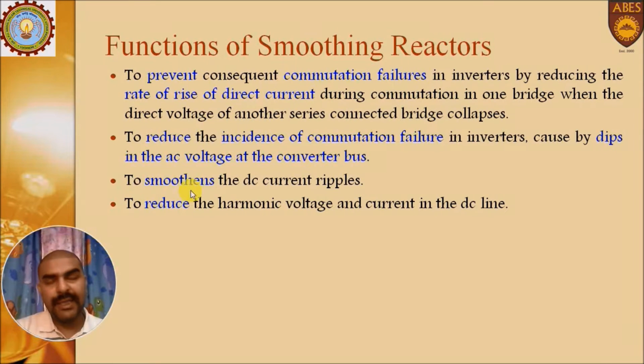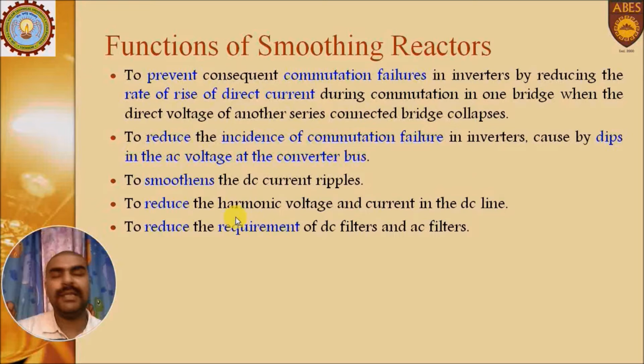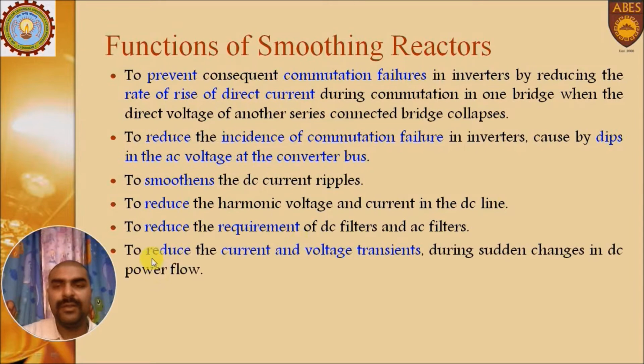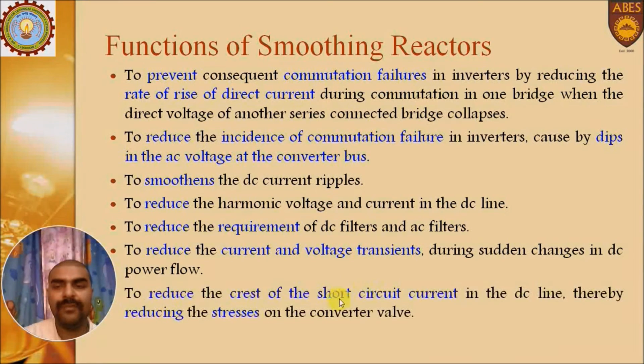The next function is that it smoothens the DC current ripples. Then it also reduces the harmonic voltage and current in the DC line. Since it removes the harmonics, it reduces the requirement of AC and DC filters, because it also acts as an AC and DC filter. Then it reduces the voltage and current transients during sudden changes in DC power flow.